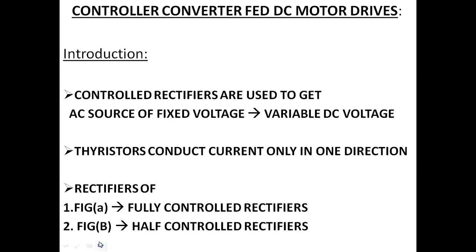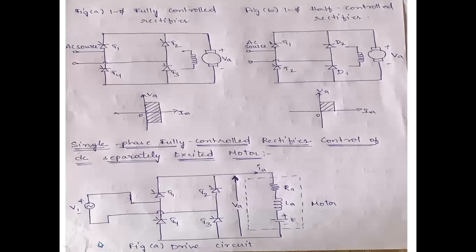If you see the diagrams, I am now explaining the full control rectifier in figure A. It has 4 thyristors. In a full control rectifier you have 4 thyristors, and in a half control rectifier you have only 2 thyristors, and the remaining 2 thyristors are replaced by diodes.